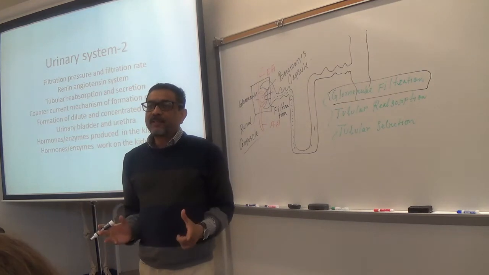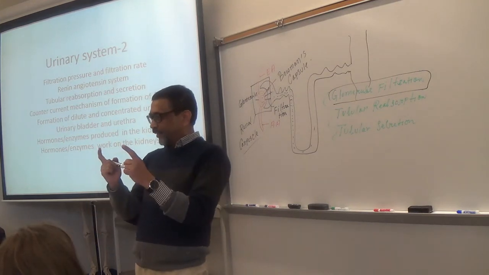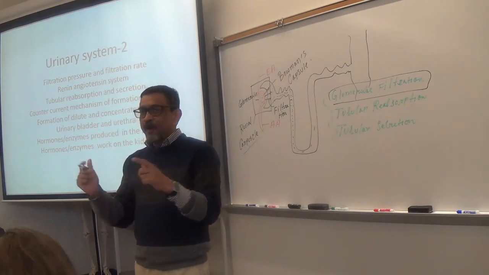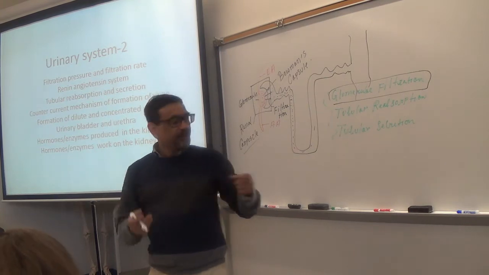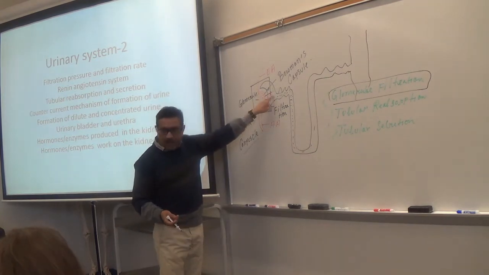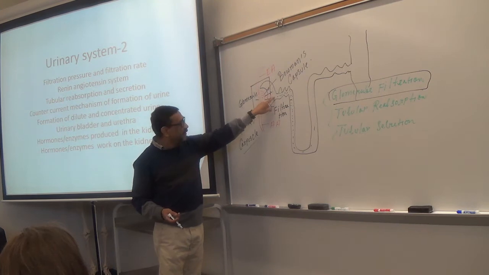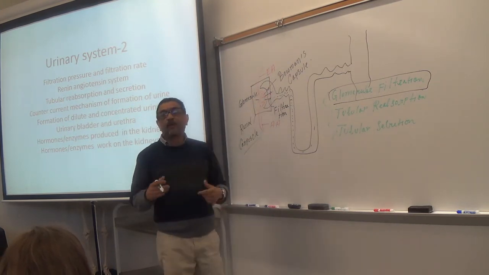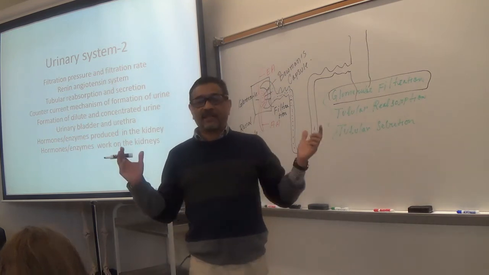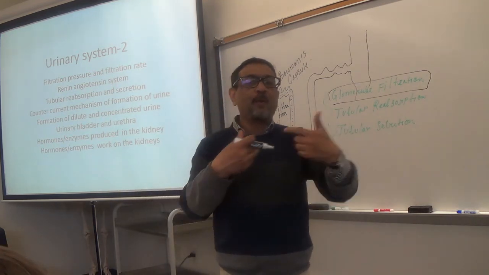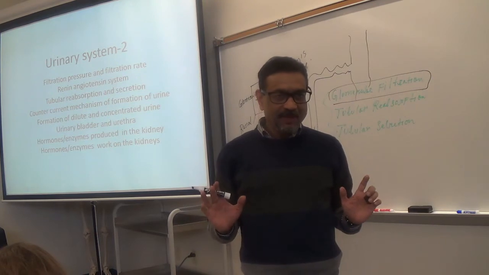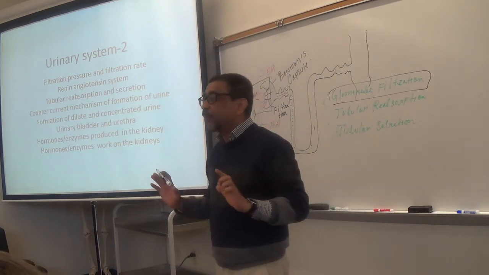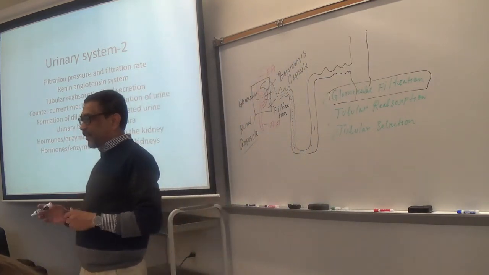So 2 kidneys have about 2 million nephrons, right? All together, how much filtration occurs in 2 kidneys in 1 minute? That is called glomerular filtration rate. In 1 minute, how much filtration occurs? Make sense? In 2 kidneys.